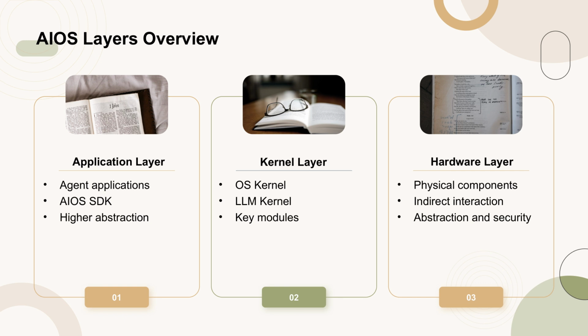The kernel layer includes several key modules designed to manage agent application execution. The LLM kernel interacts with the hardware components indirectly through the OS system calls, ensuring abstraction and security.